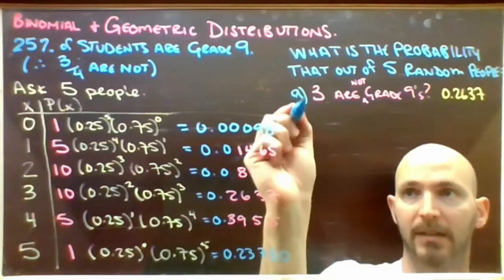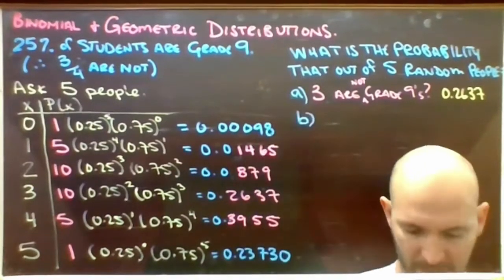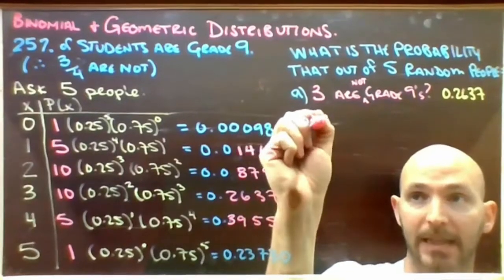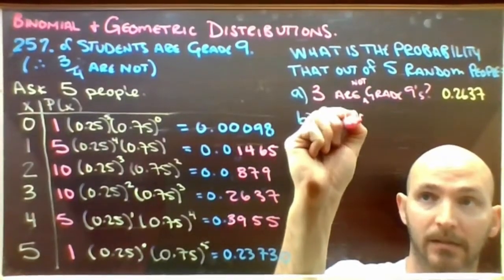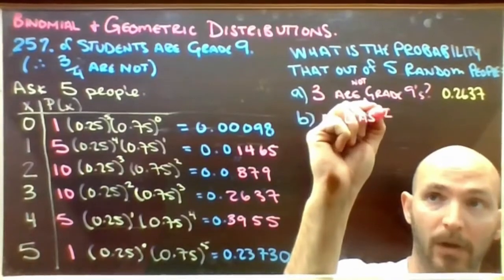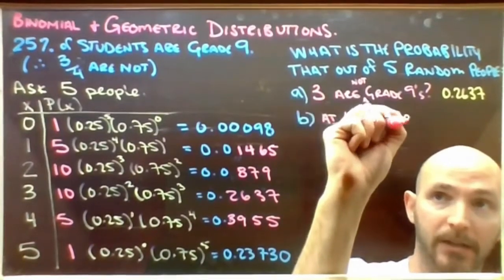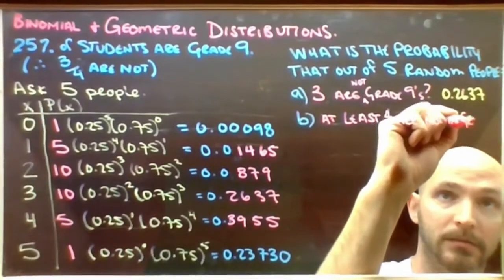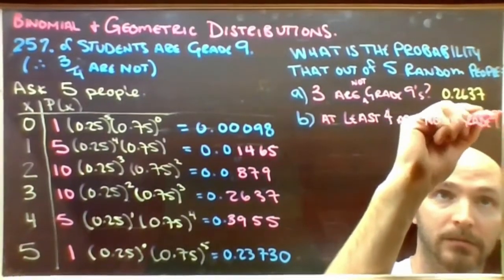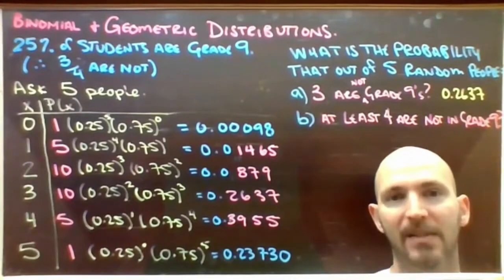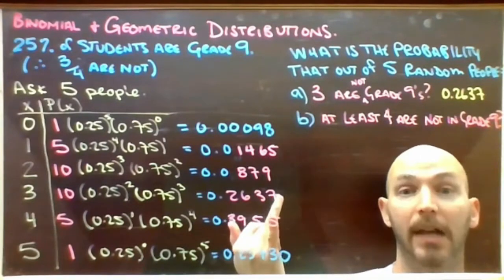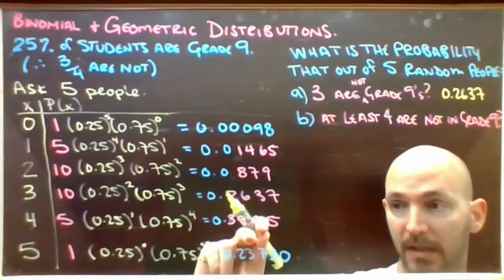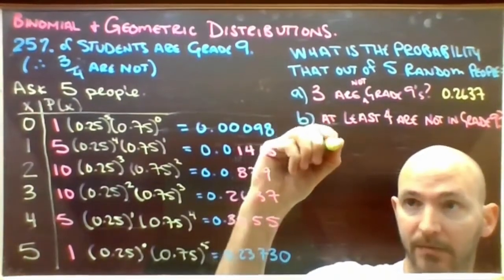Just like the geometric ones, we're just finding rows in the chart and then picking out the rows that we like. So question B, what is the probability that out of 5 random people, at least 4 are not in grade 9? Well, at least 4 means 4 or 5. That will do. So the probability for 4 of them is 0.3955.